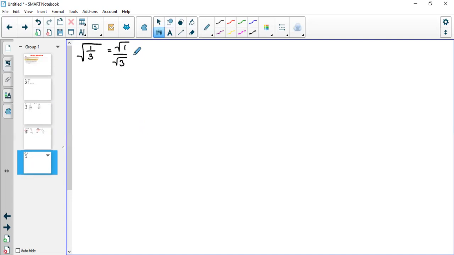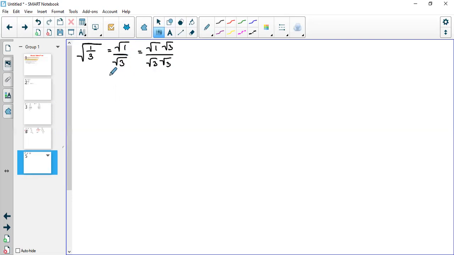Okay, so we are going to multiply. Let me write it again. So root of 1, we are going to multiply with the root of 3 over the root of 3. Because to rationalize means to simplify this. We cannot have a denominator with a radical sign. So to remove this, we need to multiply the numerator and the denominator with the same number which is in the denominator.